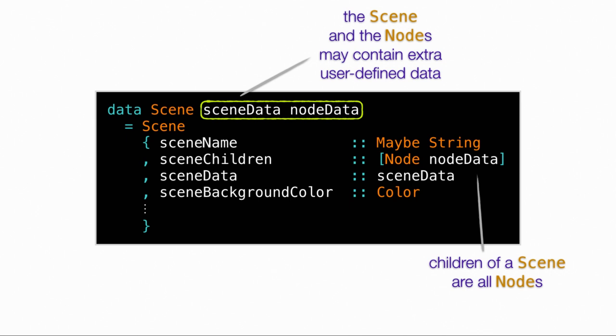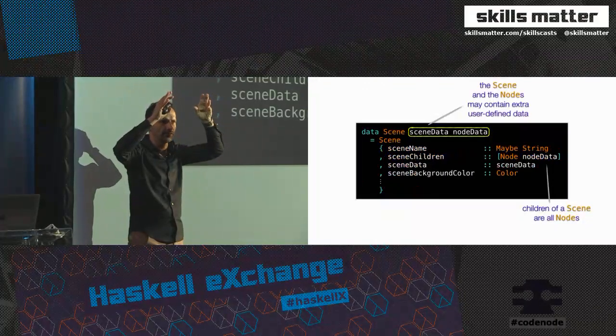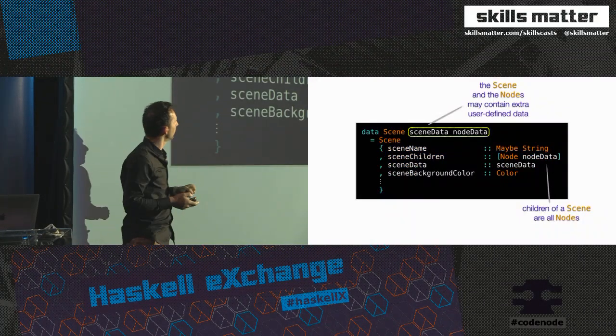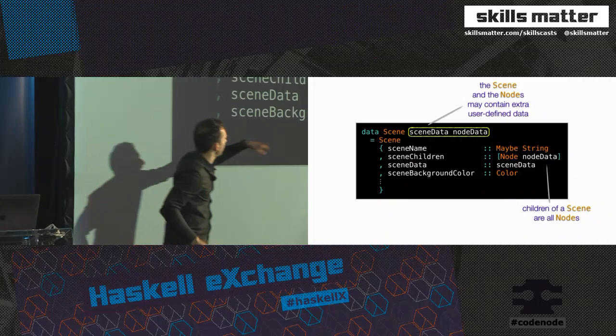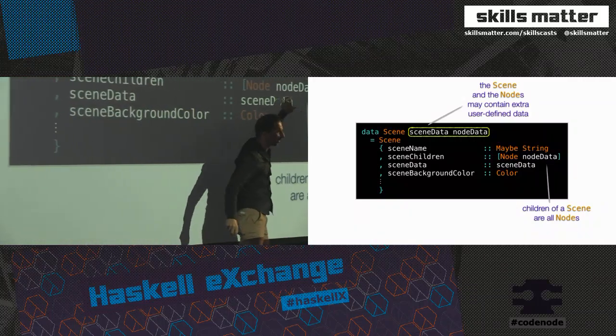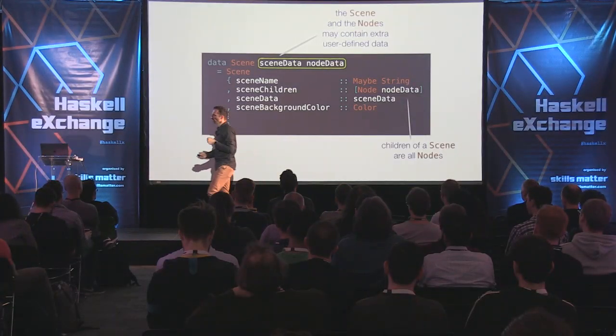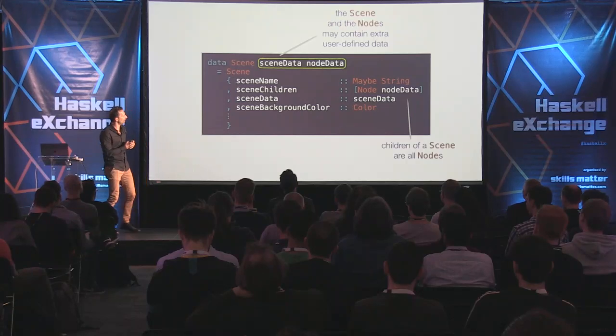One of them is the state which is kept in the scene, which applies to the entire game. And the other is the information stored in the individual nodes. And then you see this one appears again as an argument to the node. All right, so that looks a lot saner.